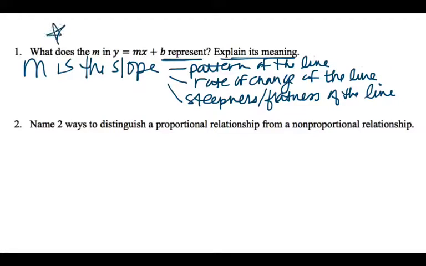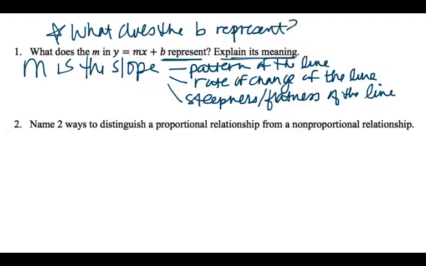The other thing that's important is, on the test, you might be asked what the B represents. So be prepared to explain what the B represents. It is the y-intercept.